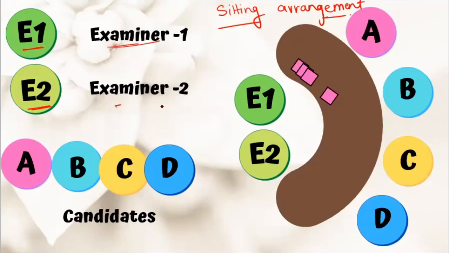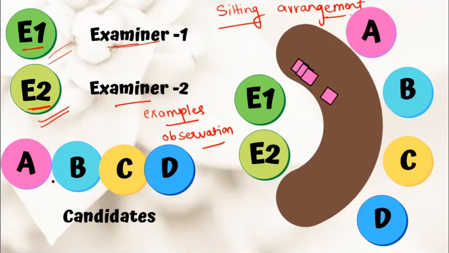Examiner 2 will be there for observation: what your behavior is, how you are answering the questions, what vocabulary you are using, the way of presentation, the way of speaking German, your pronunciation. Examiner 2 will take care of each and everything, and examiner 1 will ask the questions.